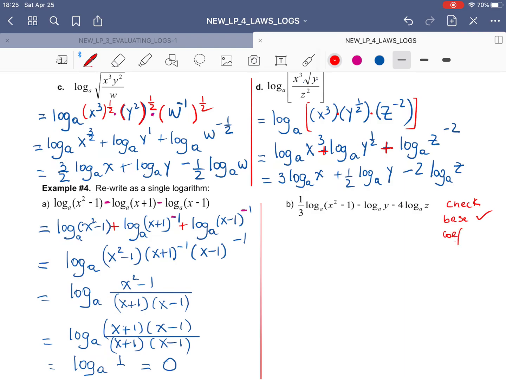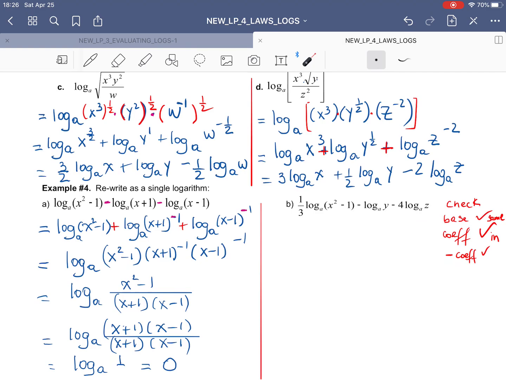Number 2, coefficients, check. The coefficients must be brought in, right? Bases must be the same. And last thing is negative coefficients. Bring them in, but this is optional, right? So if you have a negative coefficient, bring it in so that you can have only one law to apply throughout the expression. So here we go. We're going to check the bases. They're all the same.